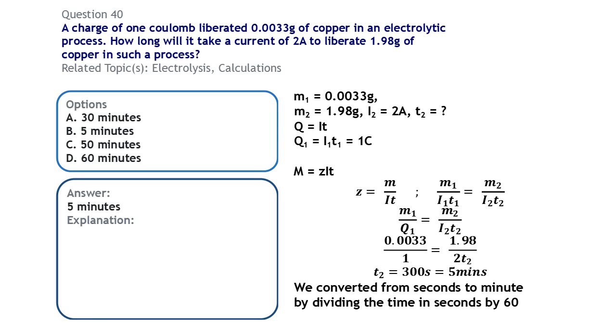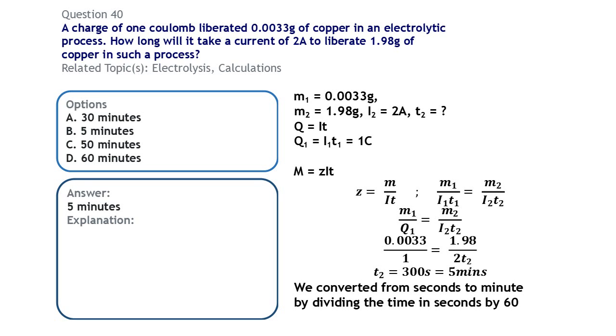So your Z1 is going to be M1 over I1 T1, while your Z2 is going to be M2 over I2 T2. And remember that your I1 T1 is Q1, which they have given us as 1 coulomb, the quantity of electricity. So I've replaced this I1 T1 with Q1, because for this first value, they didn't give us current and time, they only gave us the charge directly, which has already covered these 2.